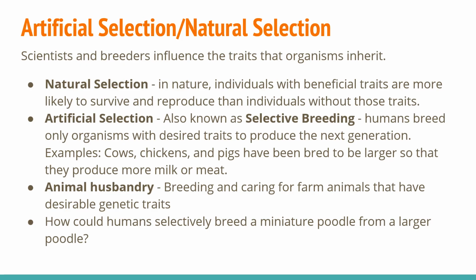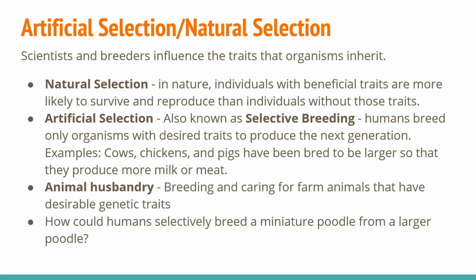When it comes to chickens, we want chickens that have larger breasts, larger thighs, all of those parts that we eat on the chicken. We want those to be bigger so that we can maximize how much food we have.